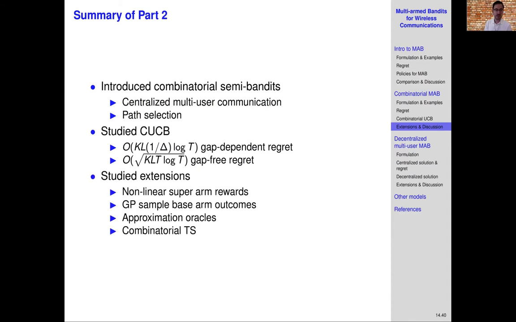We studied extensions, including extensions to nonlinear superarm rewards, and to the case when the base arm rewards are correlated using Gaussian processes. We studied how to use approximation oracles in returning the superarms. And we also saw a Thompson sampling-based combinatorial learning algorithm.